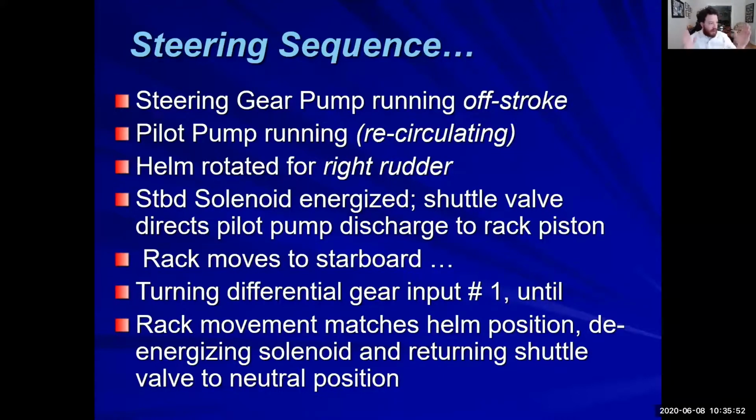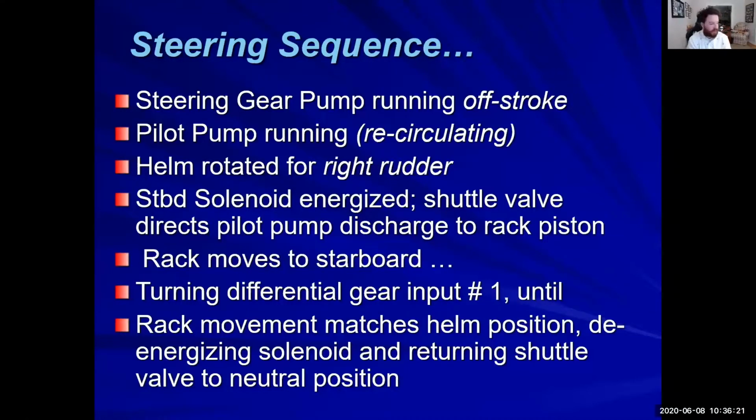That rack will have actual numbers on it that correspond to the helm position. You'll have 0, 10 degrees, 20, 30, and the same in the opposite direction. So if we want 20 degrees on our helm, that rack is going to show 20 degrees. Rack movement matches helm position.